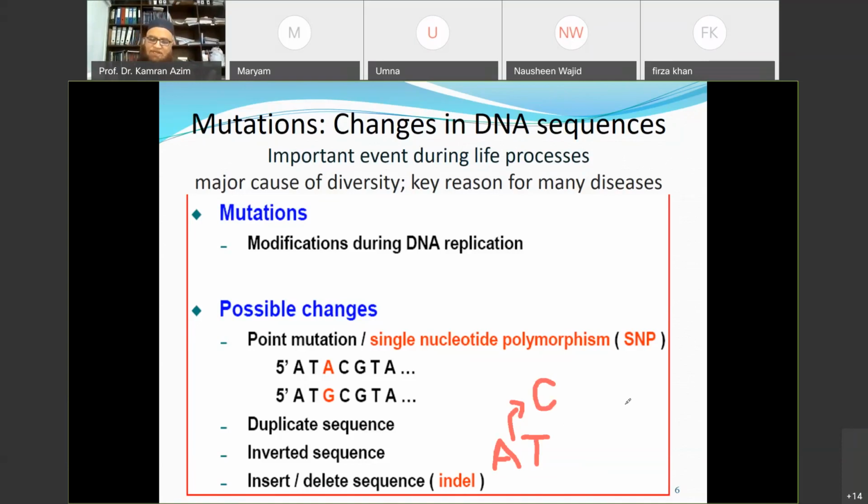And this insertion or deletion or inversion or duplication or point mutation can be described by comparing the sequence with the reference sequences, and then we can say that the mutation is present. So this is important. I think it is clear for you.